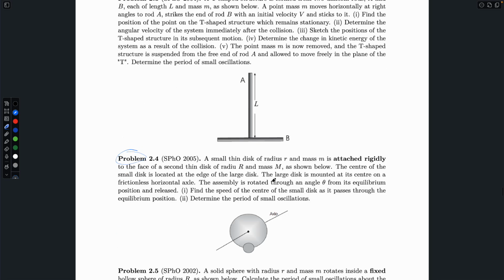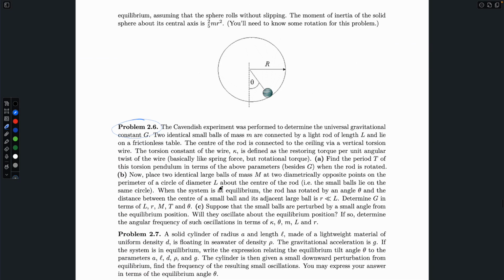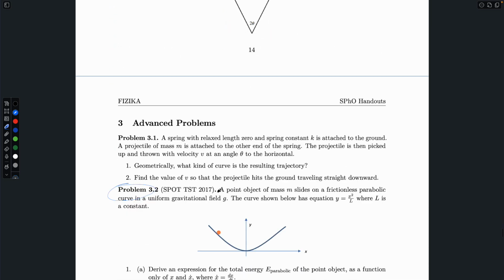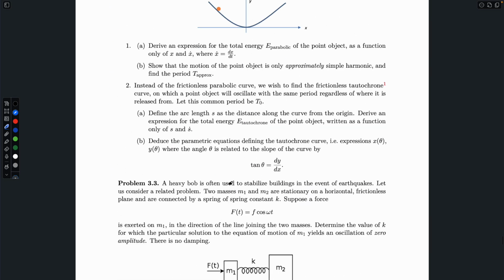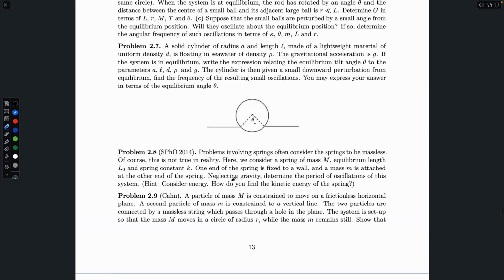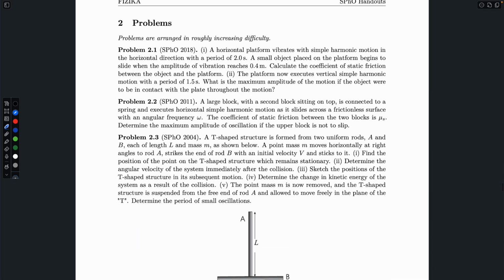So right now I received requests to go through 2.4, 2.6, 2.10, and 3.2. So do you guys have any other question requests? If you do, during the break, you can message me. If not, then we'll just go through these questions that people requested. Okay, be back by 8:53.